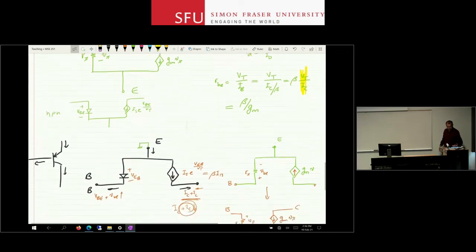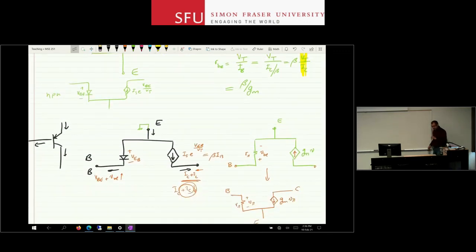So here's the good news. Again, something that will make our lives a bit easier. That for small signal analysis, DC analysis, PNP and NPN are behaving differently. You use different equations, you take care of the currents and all that. But when it comes to small signal, the model is exactly the same. They behave exactly the same. So what that means is that you can make any circuit with an NPN transistor or a PNP transistor, and then as long as you keep them under the same operating conditions, you get the same behavior from them.